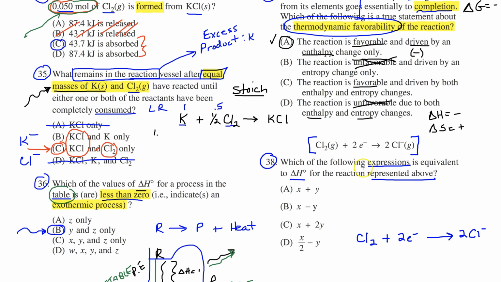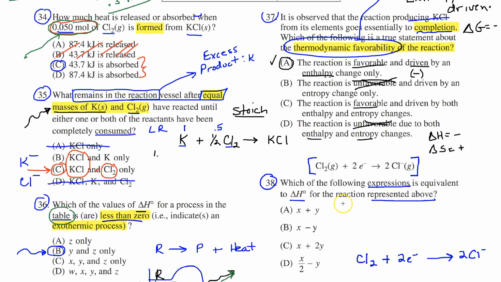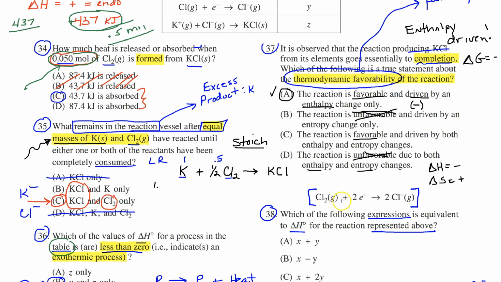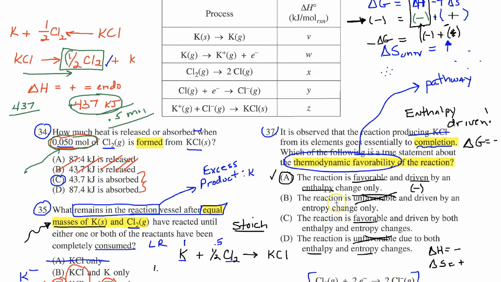Remember, the enthalpies are additive from the individual steps that make this. So what we need to do is go find those steps. Let's go up to the table and see where we can grab those electrons. Well, it looks to me that these are the two that we're going to use, right?